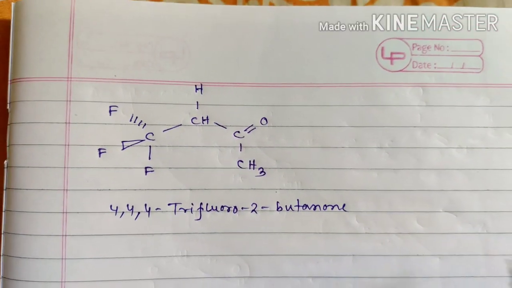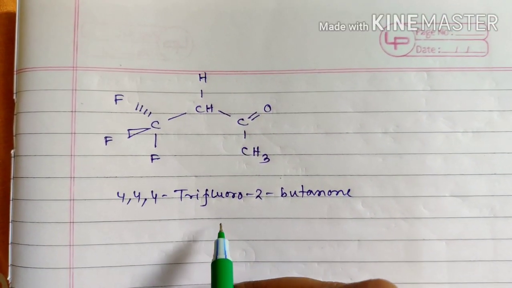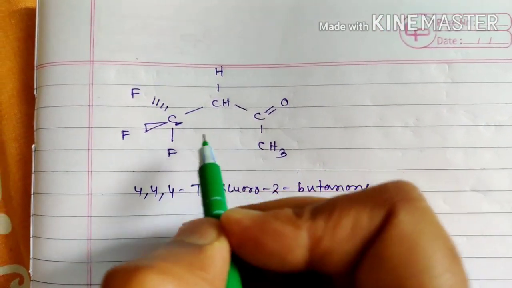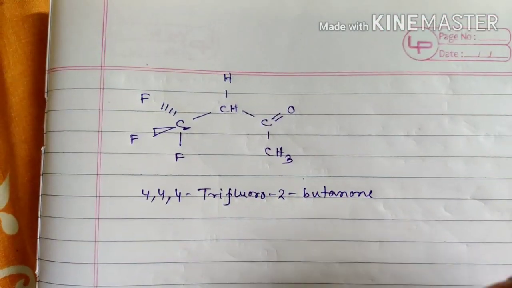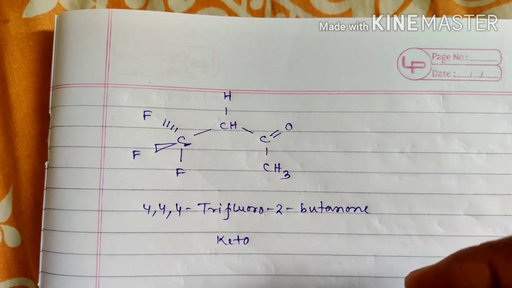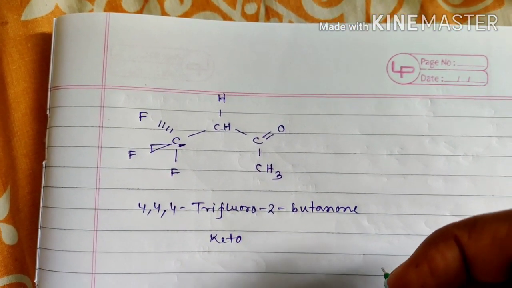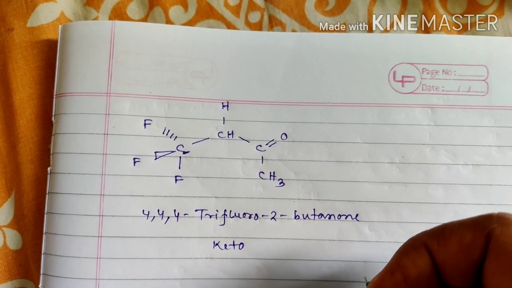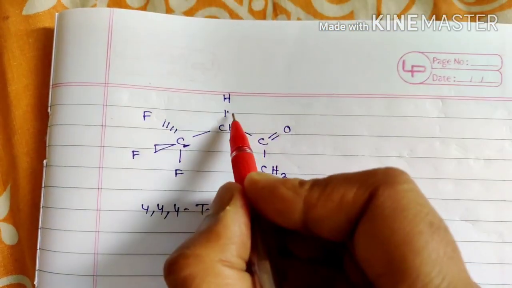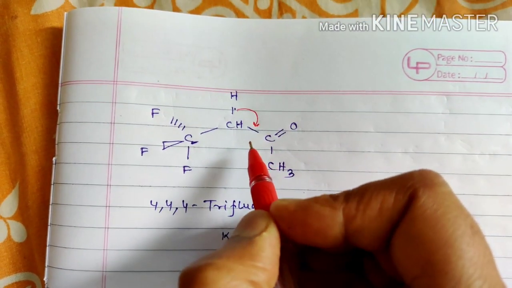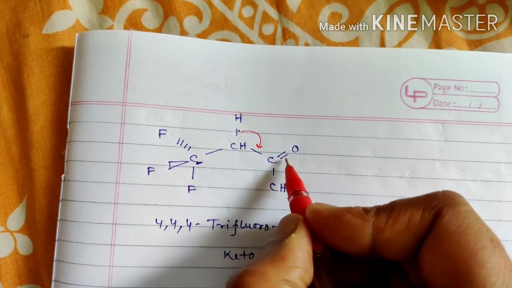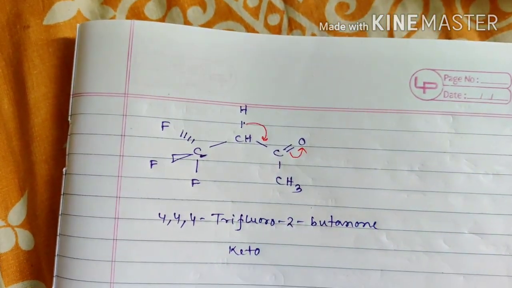We have taken another example of 4,4,4-trifluoro-2-butanone. So you can see on this position, the 4 position, there are 3 fluorines. So this is obviously keto form. Let us see which form will be more stable, the keto or the enol form. So you see this hydrogen. If this hydrogen can come here, then this double bond can rotate.